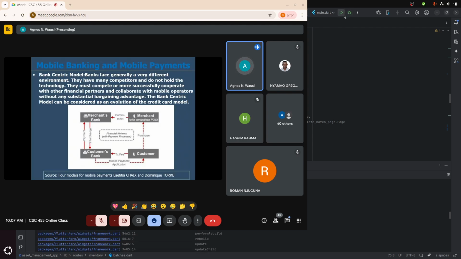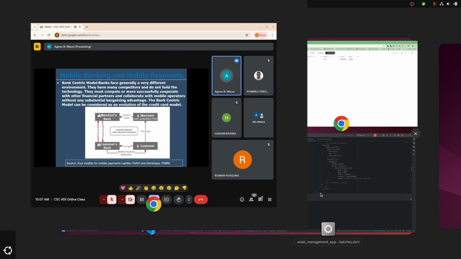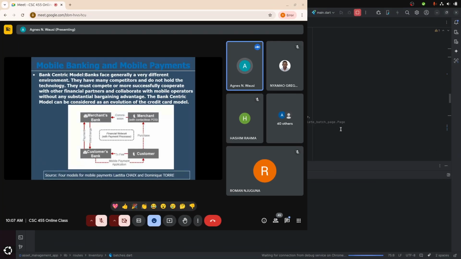There are very many banks. They may not necessarily have the technology, and that's why sometimes you see the banks starting to collaborate with the mobile operators so that they can have a collaborative model there.